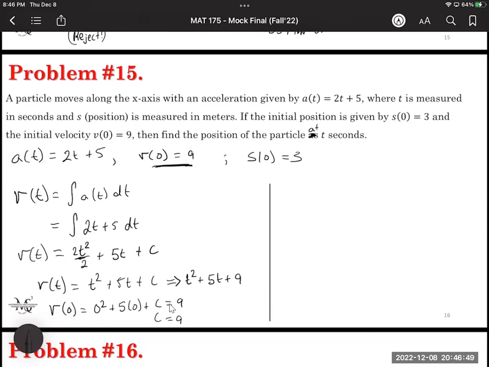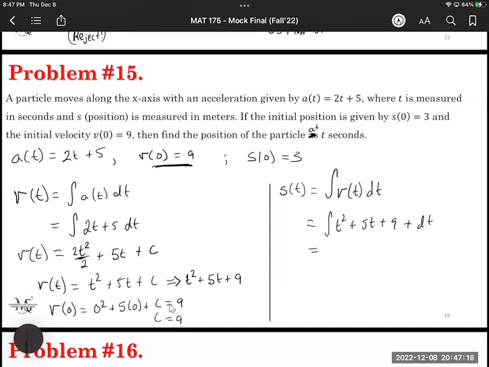Now that we have the velocity function, you go ahead and get your position function. We say s of t is equal to the integral or the antiderivative of v of t dt. So if I take the antiderivative of this velocity function, we're going to get the integral of t squared plus 5t plus 9 dt.